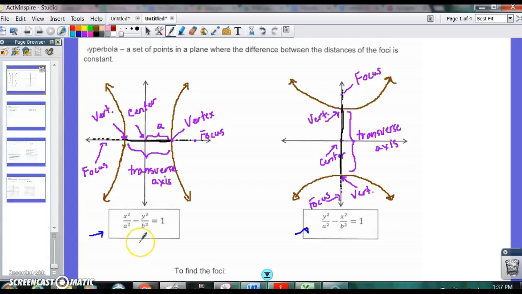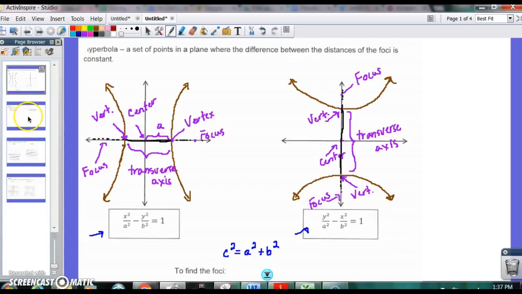The only way you can tell what type of hyperbola you have is which one is positive and which one is negative. And your a squared is always under the positive one because a is always along that transverse axis. Also, one other thing I want to talk about is finding the foci. You're going to use c squared equals a squared plus b squared, just like the Pythagorean theorem.